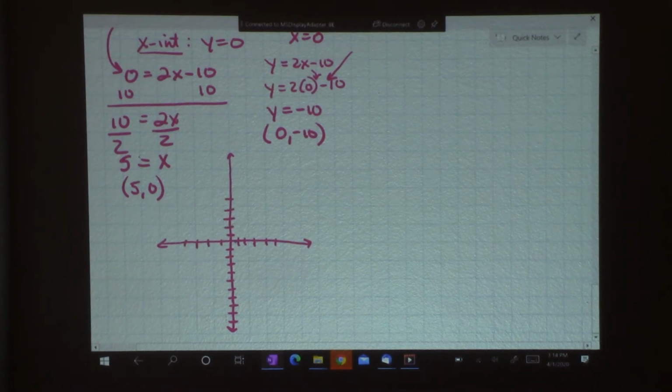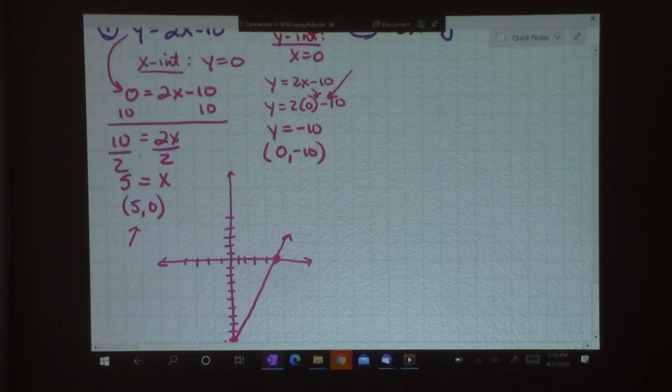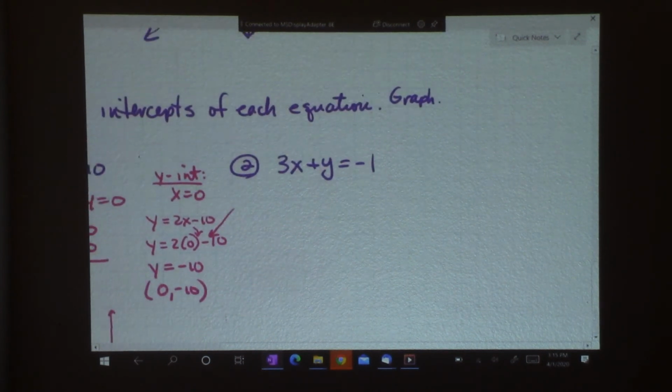Okay, so for my x-intercept, I have 5, 0, 1, 2, 3, 4, 5, right there. And the y-intercept, I have 0, negative 10. So I'm just going to graph it like that. So if you didn't get it right, please pause the video and check your work and change anything that you need to correct.